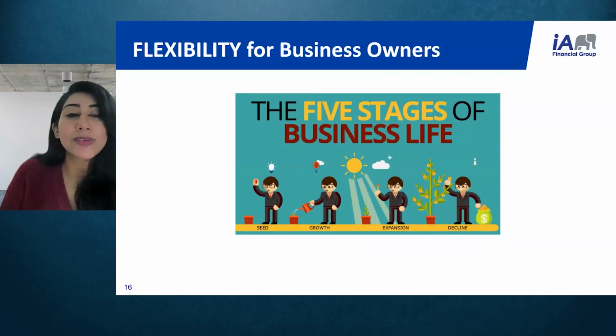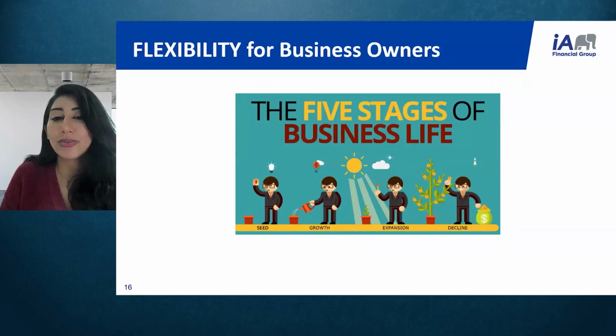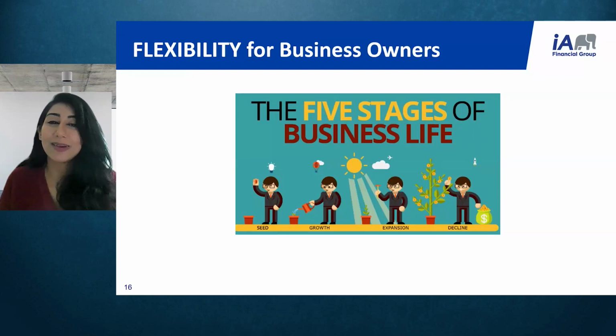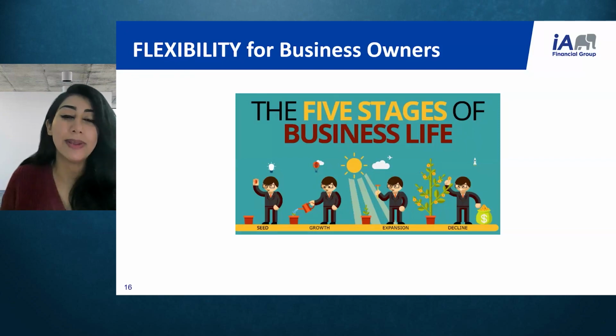Now, many of you have business owner clients, and you can agree with me that over the last couple of years they have gone through quite a bit of change, whether from the financial market or the changing environment. The ups and downs a business owner experiences are quite unpredictable.